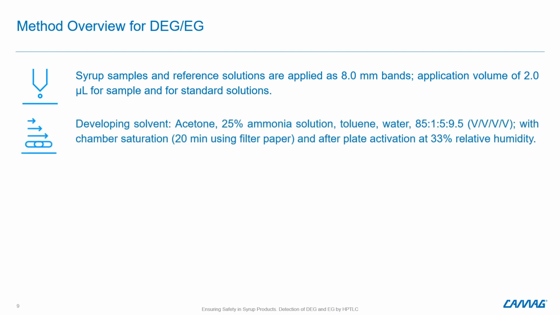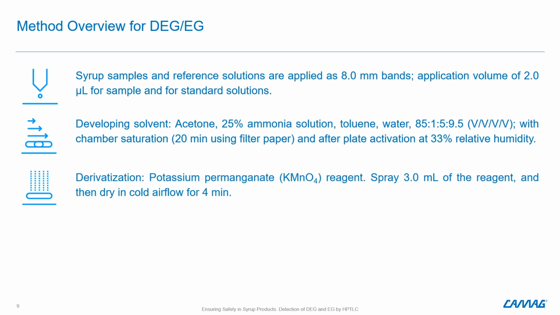For development, we use a solvent mixture of acetone, ammonia, toluene and water in a very specific ratio of 85 to 1 to 5 to 9.5. Before development, the chamber is saturated and we include an activation step for 10 minutes to condition the plates at 33% relative humidity. After development, the plate is first recorded in absorption at 254 nanometers.